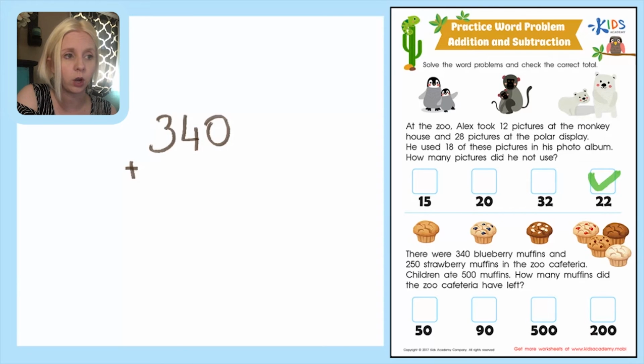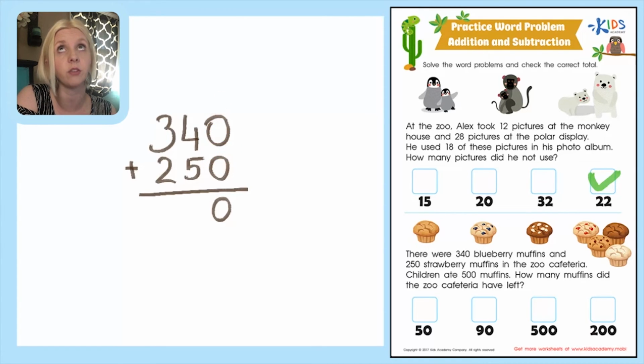And then it says we also need how many? 250 strawberry muffins, okay? We're going to add those up. So 0 plus 0, well, that's easy. That's 0. And then 5 plus 4, 5, 6, 7, 8, 9. Okay, so 9. And then 3 plus 2, so 3, 4, 5. Okay, so my total number of muffins that the cafeteria made was 590 muffins.